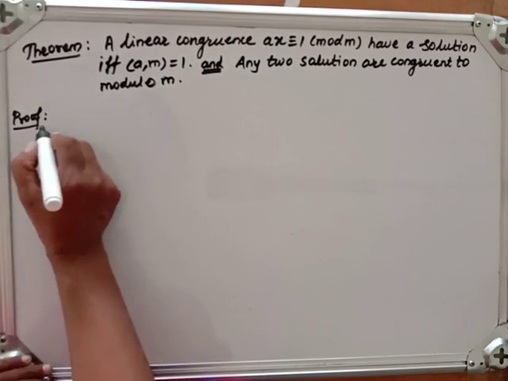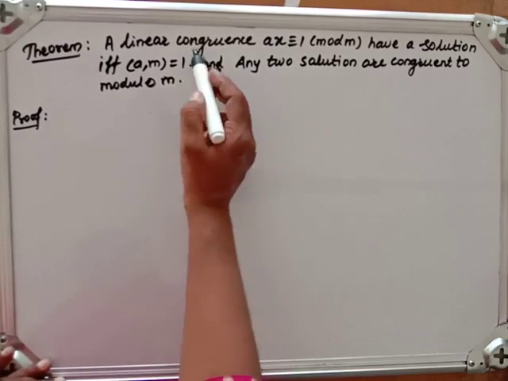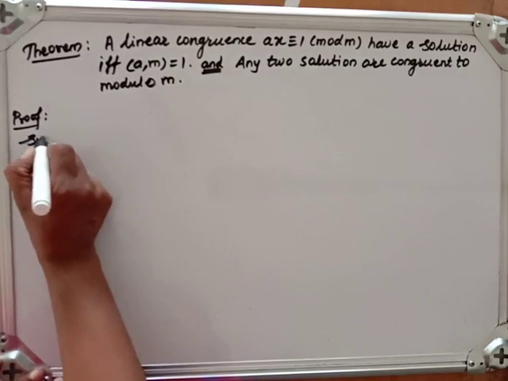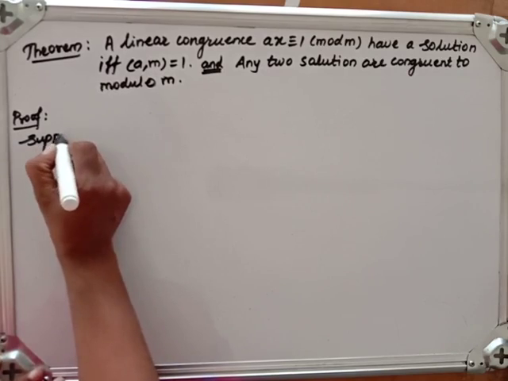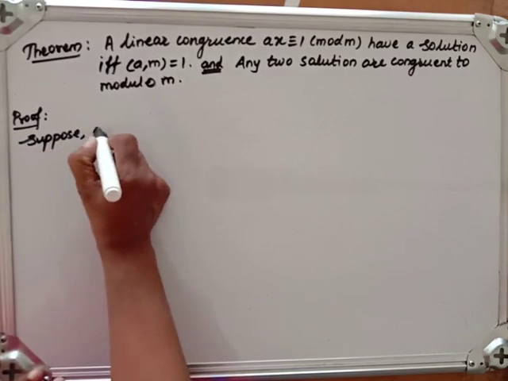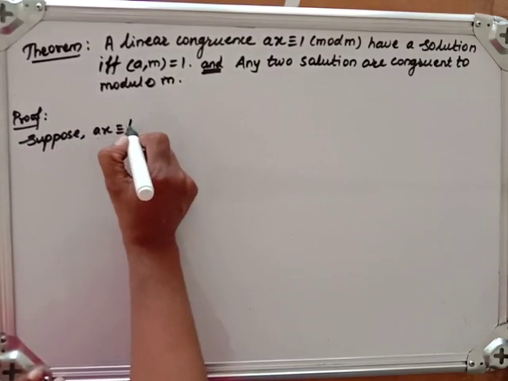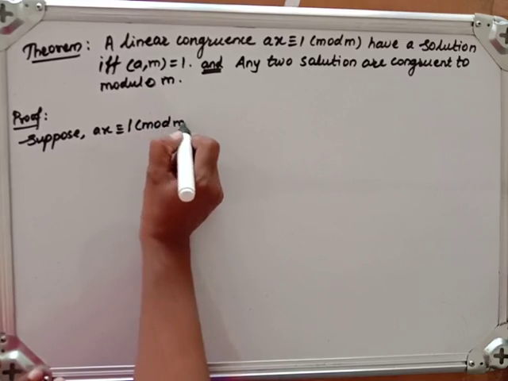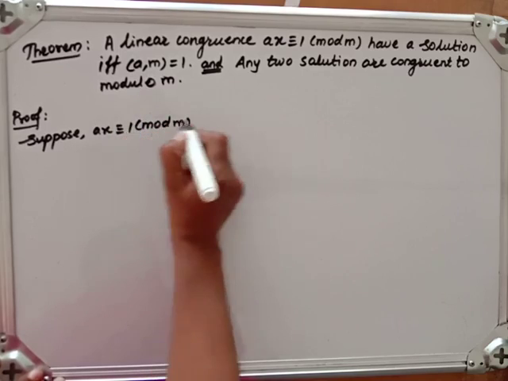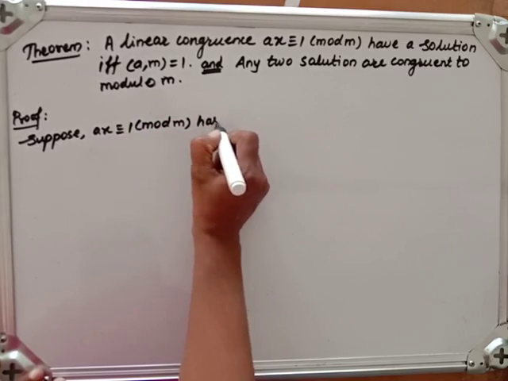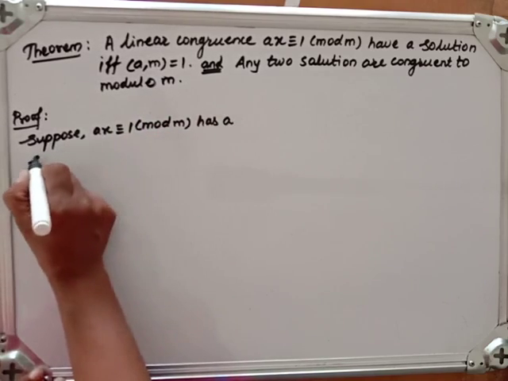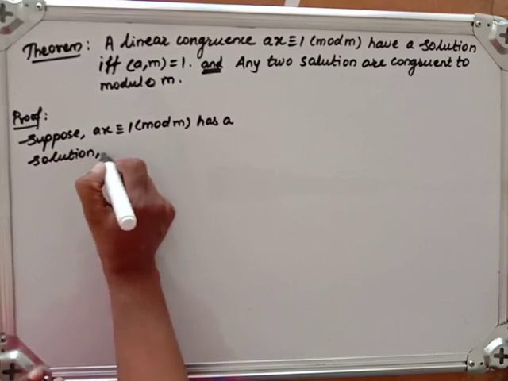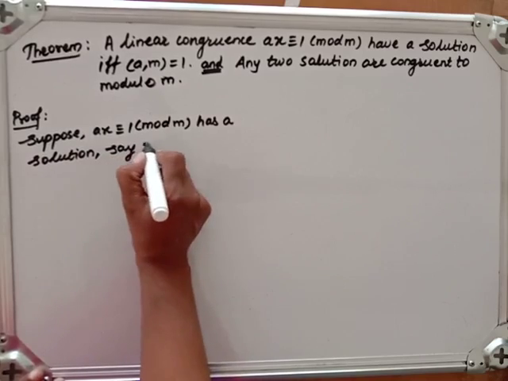Now let us first assume this congruence has a solution. So suppose Ax congruent to 1 modulo m has a solution, say x naught.